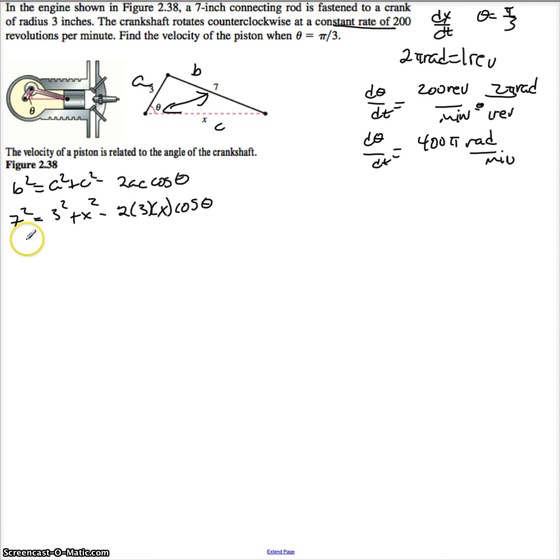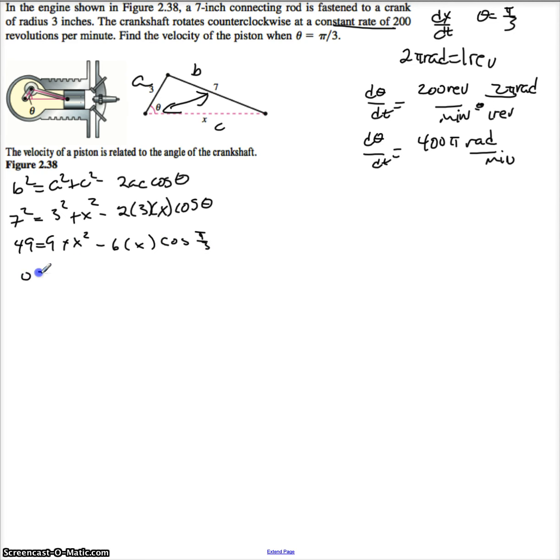Now, the first thing, let me find out what x is going to be at pi over 3. At pi over 3, I know 49 is equal to 9 plus x squared minus 6x times cosine of pi over 3. So I wind up with a quadratic.